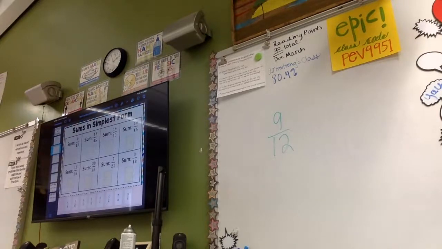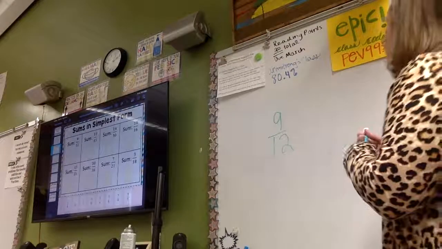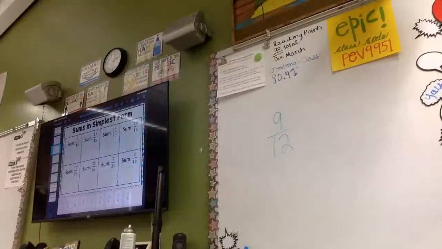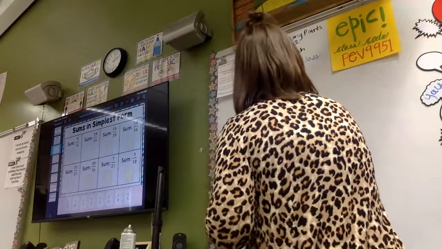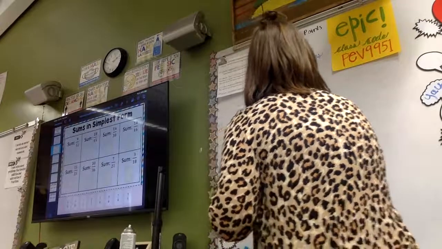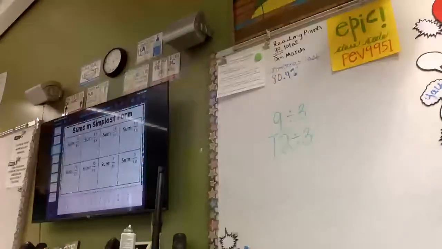So what do I do with my marker? My objective was I'm going to be able to simplify fractions by dividing. So I'm going to divide both of these by 3. You need to write exactly what I'm writing. I know that I can divide both of those by 3.